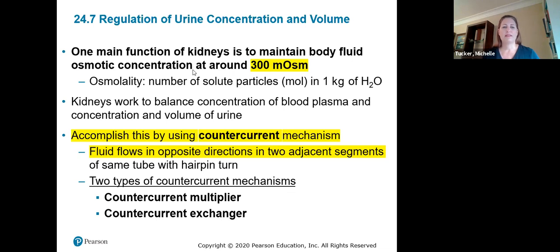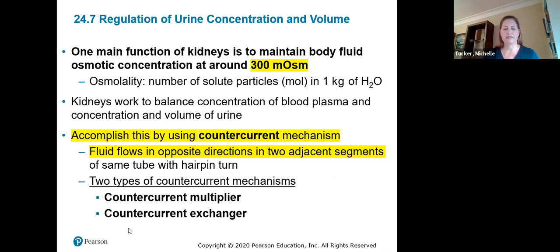The way that this osmotic balance is maintained is through what are called countercurrent mechanisms. There are 2 types of countercurrent mechanisms used in the kidneys. The first is called the countercurrent multiplier. It creates an osmotic gradient in the medulla of the kidney.